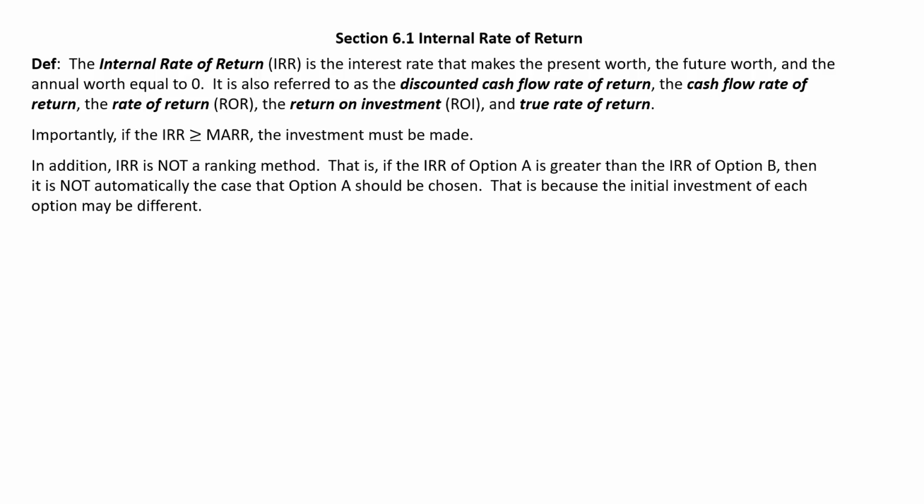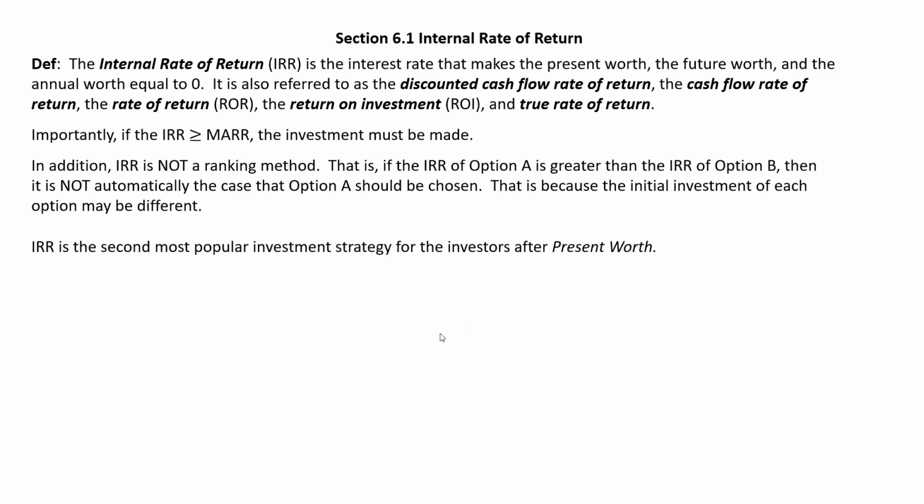You may still do it if your friend is so reliable that you want to take that option, that's fine. But it is not automatically the case that whichever has higher internal rate of return should be picked. That's all that statement is saying, and for the reason I said. Cool. IRR is the second most popular investment strategy for investors after present worth.